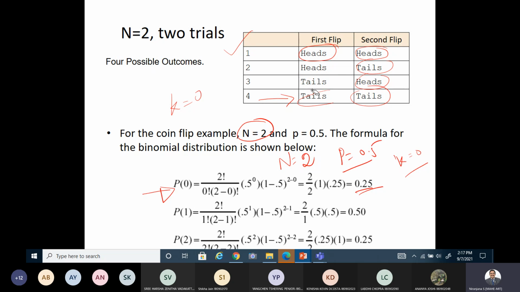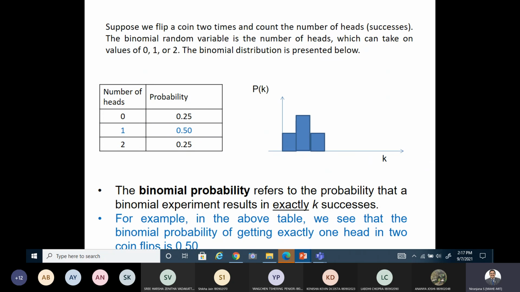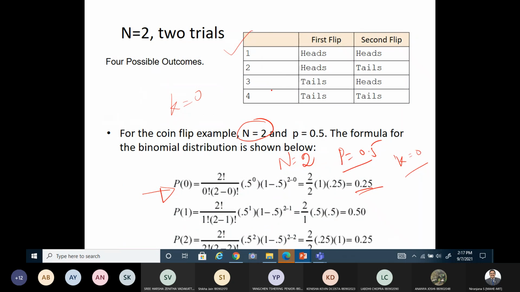Similarly, if you try to calculate for other cases, say in the experiment you have a single head in the second flip or a single head in the first flip, or a head in both the flips. So P of 1 is getting one head, P of 2 is getting two heads. P of 1 is nothing but either of 2 or 3, right?